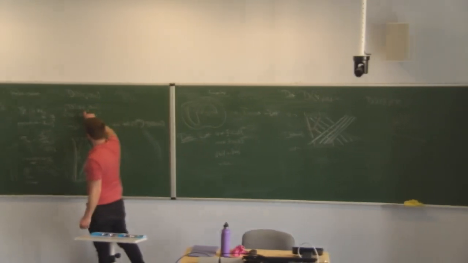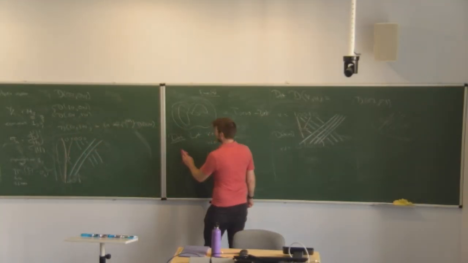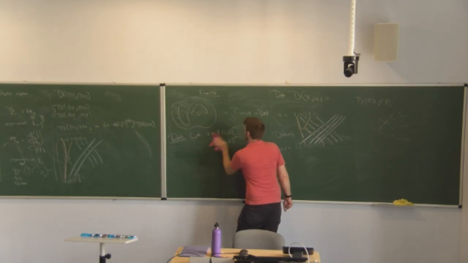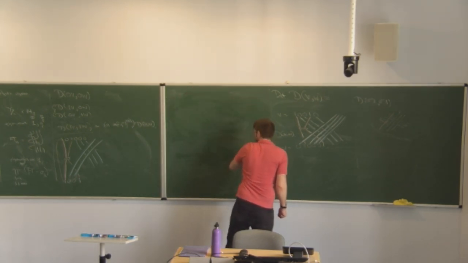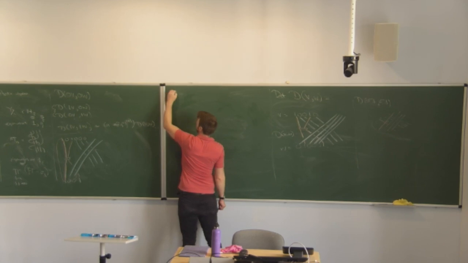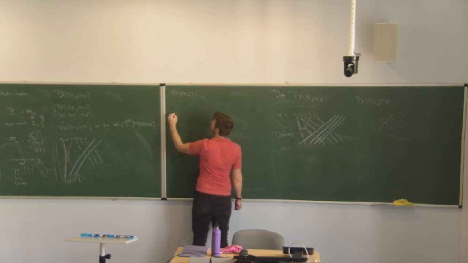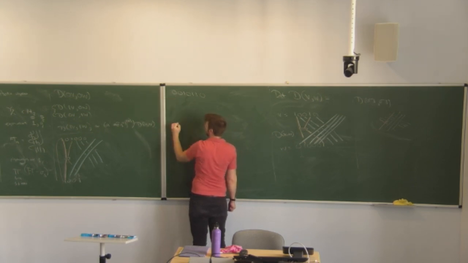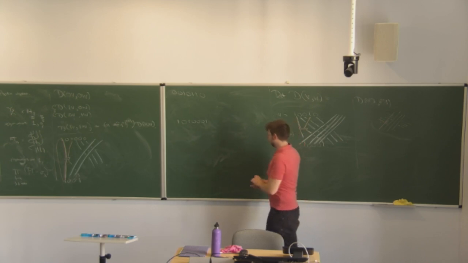Okay. So what about these two? Let's draw an instance of this, again just picking some random sequences. Let's say V starts with a 0, but W starts with a 1. Okay.